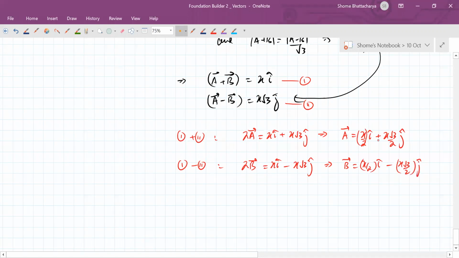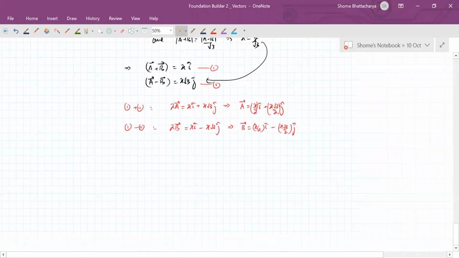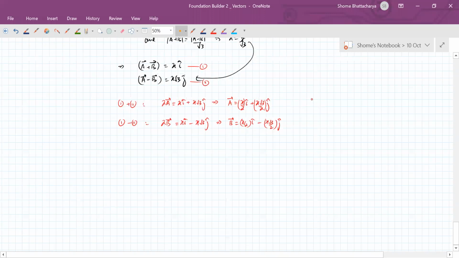Whereas the vector A is like this. So now from this you can further analyze that magnitude of the vector A is x, magnitude of the vector B is also x.